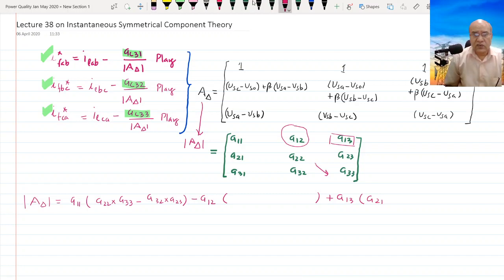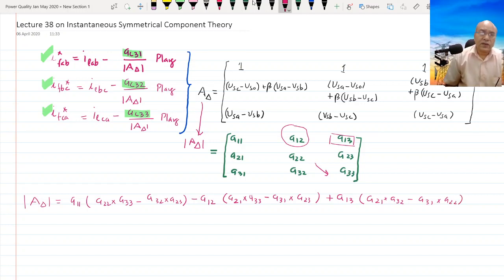So this is the second factor: A21 into A33 minus A31 into A23. Okay, and then A13 comes here, then A21 into A32 minus A31 into A22.